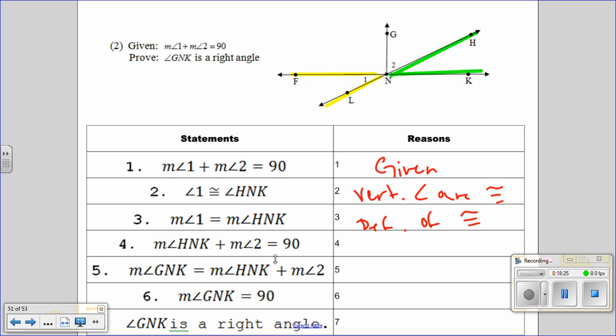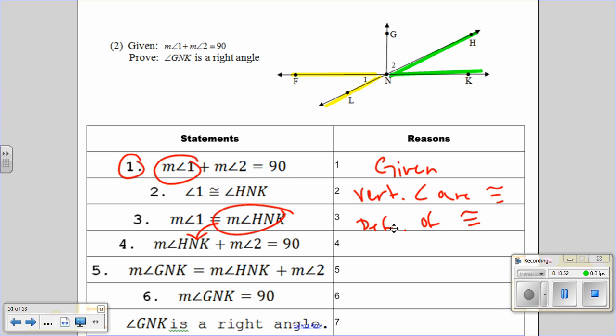Then it tells us that the measure of HK plus the measure of angle 2 will equal 90. And that is because if you look back at statement 1, there used to be an angle 1 there. But now that we know that HK and 1 have the same measurement, it's okay to replace it in that statement.